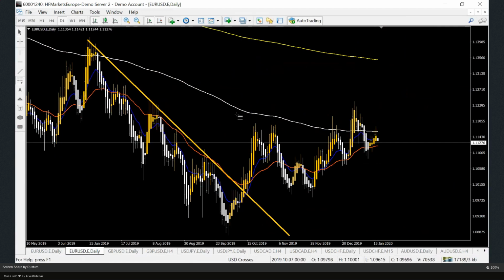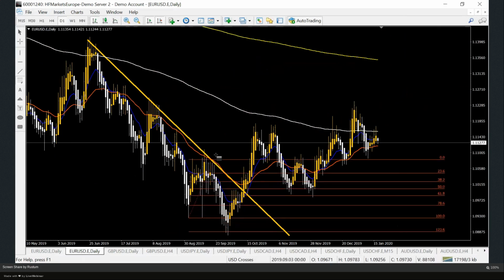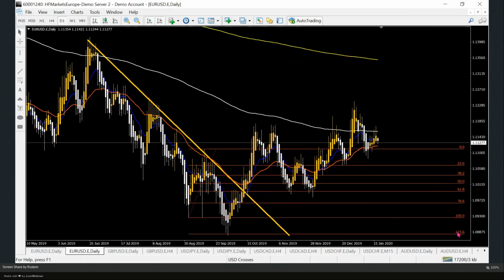A lot of things, you know all those things, but it comes down and it makes that lowest low, and it goes up and it hits the 123.6 exactly. So this is an area where I would like to go down to the 15-minute and look to buy in that area, because that's an identified zone.